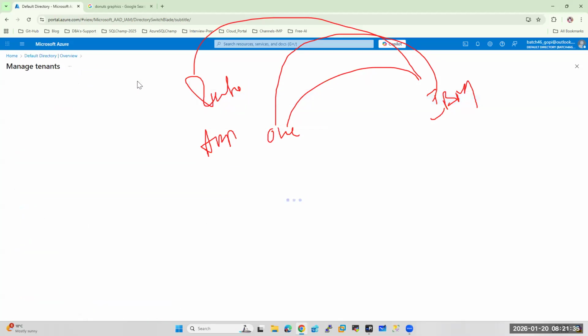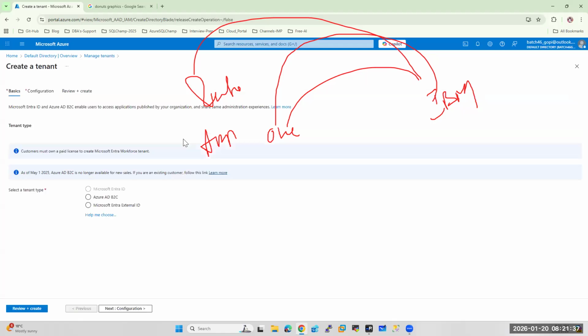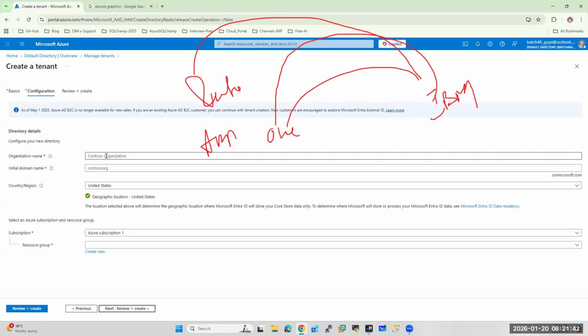So they will create a separate tenant and grant the permission to this tenant. They will provide the tenant name, tenant organization, under which region, subscription, resources, and they will grant the permission, so that IBM people can access only this tenant, and manage only the IBM tenant policies, rules, credentials, everything. That is how they are securing the access part.